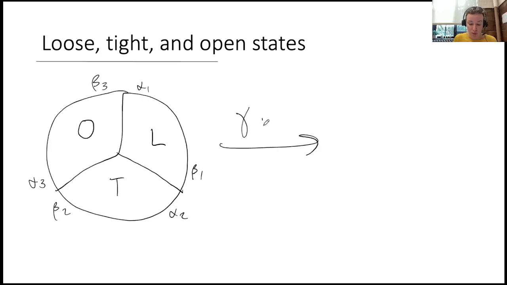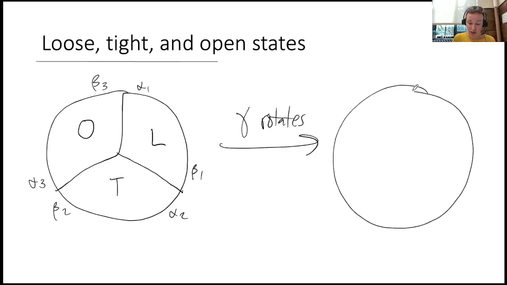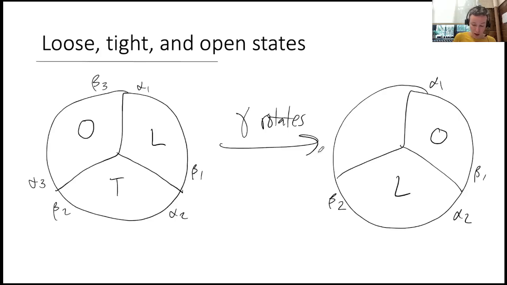Now when the gamma rotates, that's going to cause the conformational changes so that each of our dimers are in a new conformation. So alpha 1, beta 1, once gamma rotates, would then be in the open state. And the alpha 2, beta 2 would then be in loose. And alpha 3, beta 3 would then be in tight.